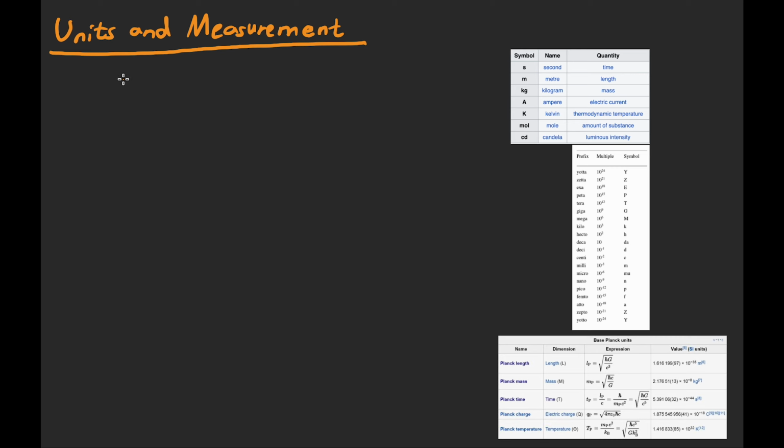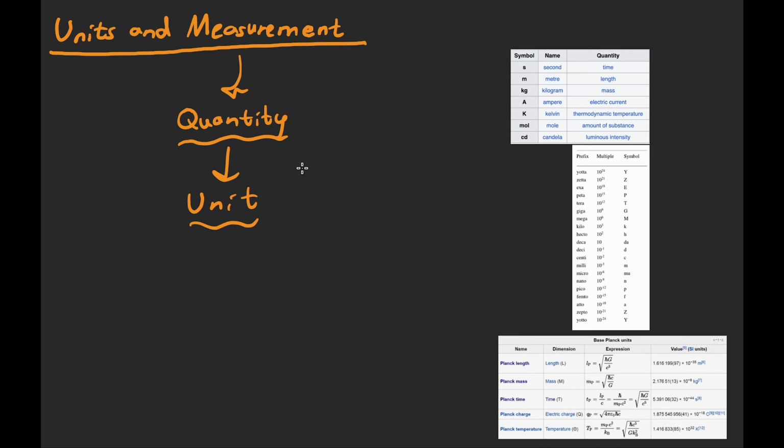Well, in physics, we are going to make a measurement, and we need a way to describe our measurement. In our measurement, we're going to have a quantity related to that measurement, and we talked about quantities in the last video. And to describe a quantity, we need a unit.